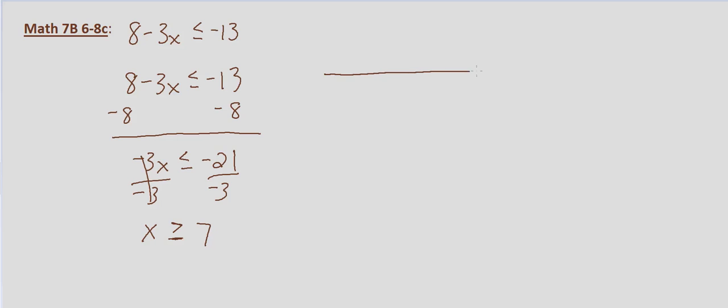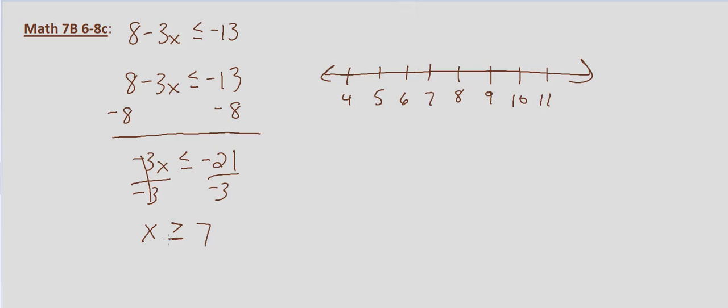And if we graph that on a number line to indicate our solution, it doesn't matter where you start or finish on your number line as long as the 7 is included in there somewhere.